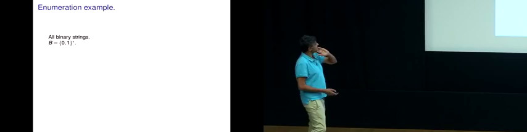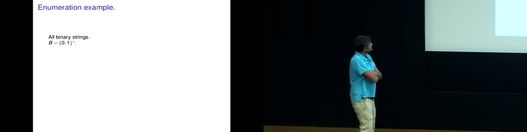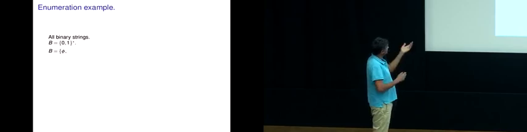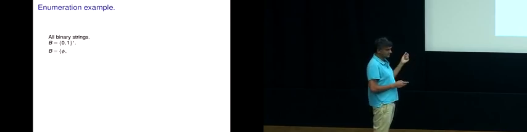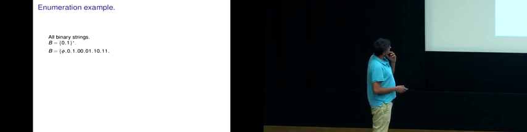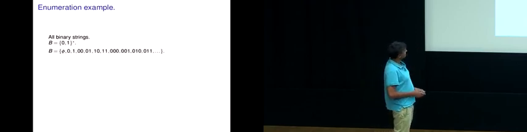Okay, so here's another enumeration example. Here are the binary strings. The binary strings are 0s and 1s of any length, including the empty string. So you start with the empty string, and then I do 0 and 1, and then I do 00, 01, 10, and 11, and so on.